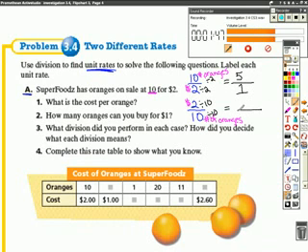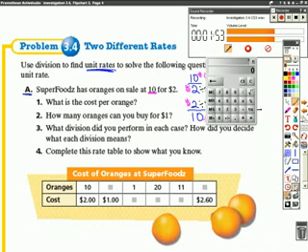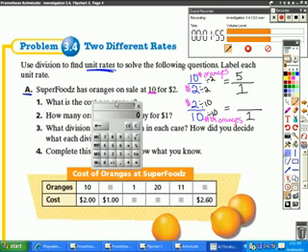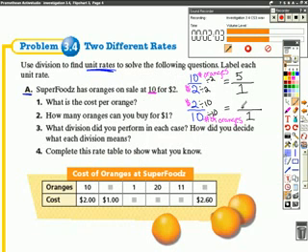And then in the bottom one, 10 divided by 10 is 1. 2 divided by 10, we'll pull out the calculator for this one. 2 divided by 10 is 0.2, so we'll say 0.20.